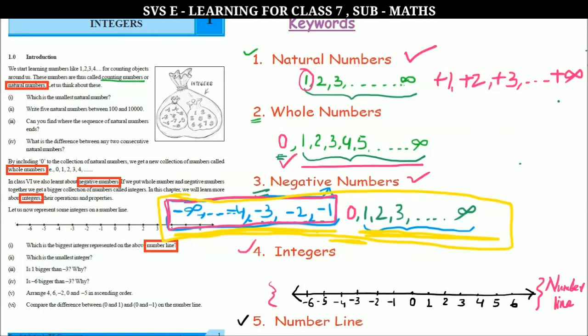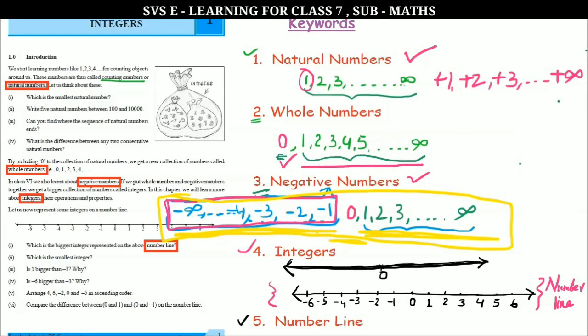Essentially, we just draw a line and put an arrow mark on the right side and left side. Then mark 0 at the center. Always, children, use a scale to draw this line. Don't draw it by hand.